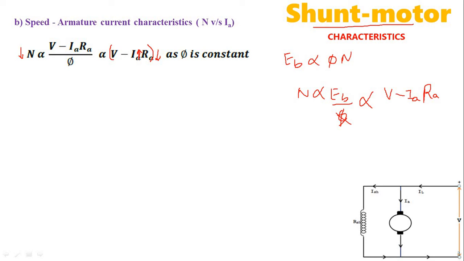You just observe here, if armature current increases, speed is going to decrease. So speed is inversely proportional to armature current.